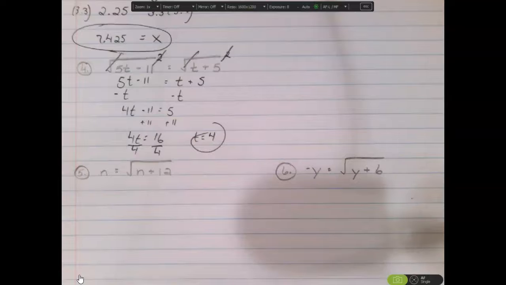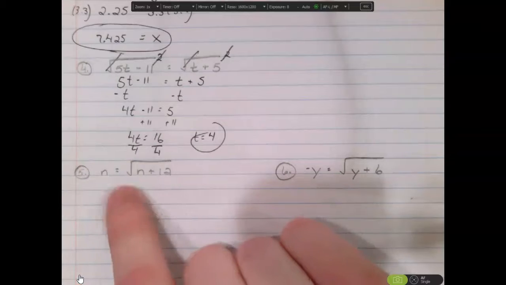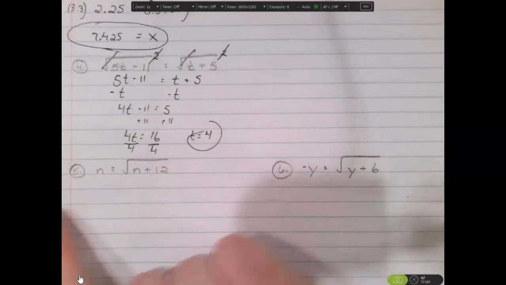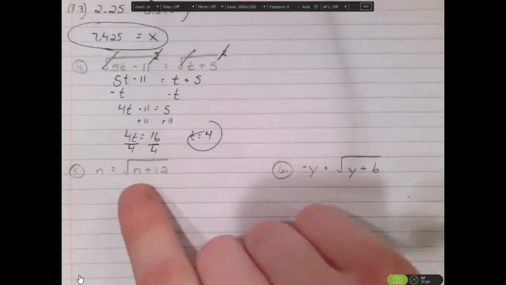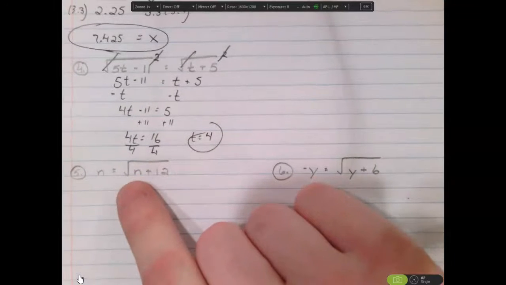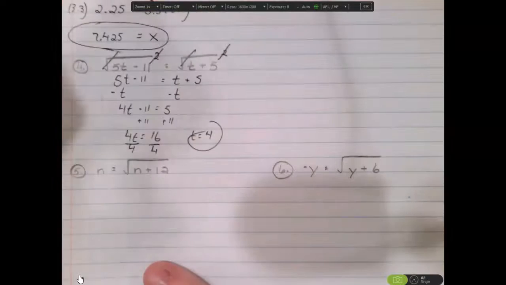Now, traditionally, guys, we've been moving stuff over and combining things when we can. On number 5, there's nothing that I can move right now. I'm not going to subtract this entire thing because it really doesn't do anything. What I want to do first is I want to get rid of my square root symbol here, that radical. And the only way to get rid of it is by squaring it.